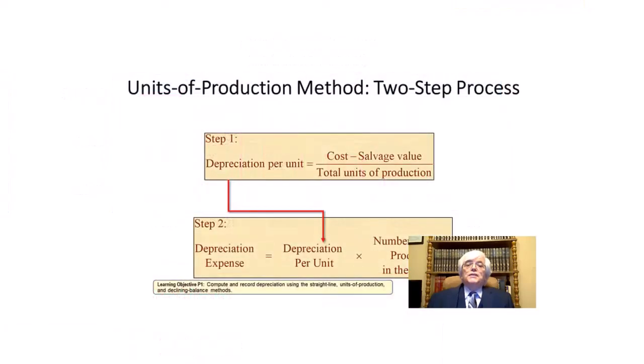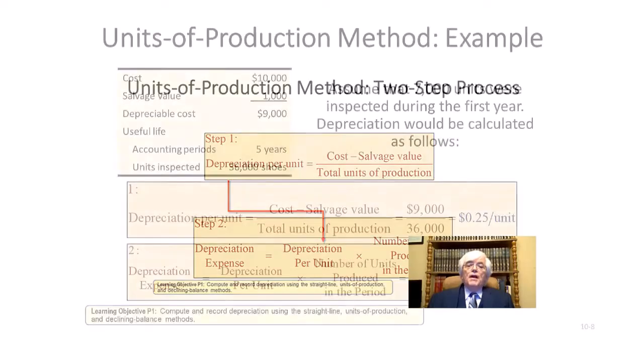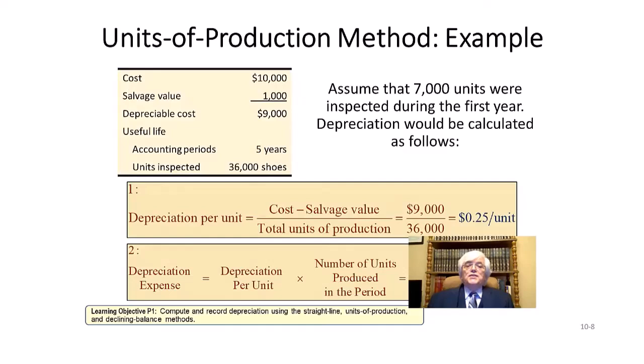The units of production method replaces the asset's useful life in years with a useful life measured in units to be produced. Depreciation per unit is computed as cost minus salvage value divided by total expected units. For our example, depreciation per unit is $9,000 divided by 36,000 units, or 25 cents per unit.